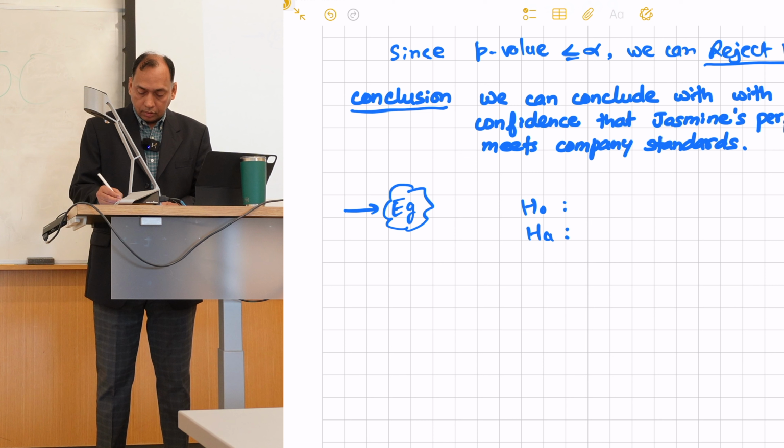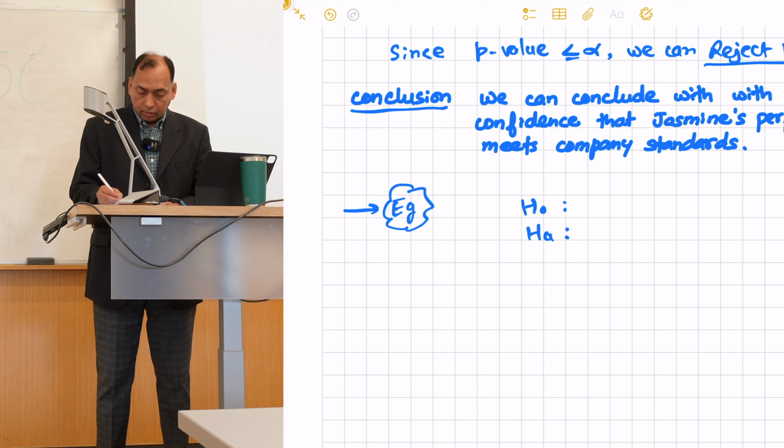And you have x bar, you have 108, and we are looking in the upper tail. So we use the t.test function. And alternative this time is greater than. So this is what we need.